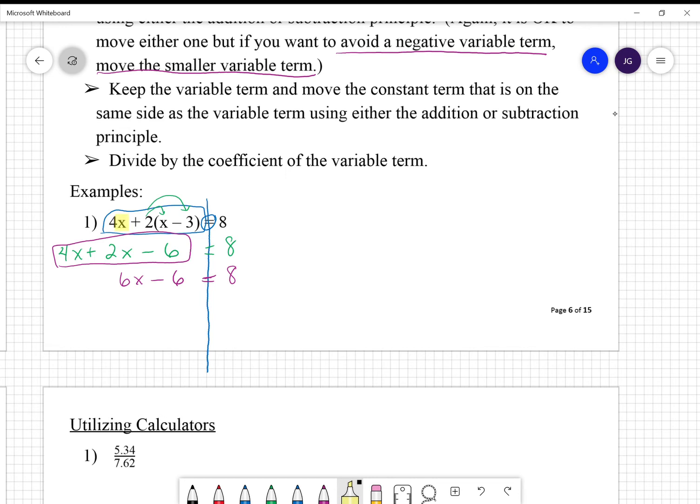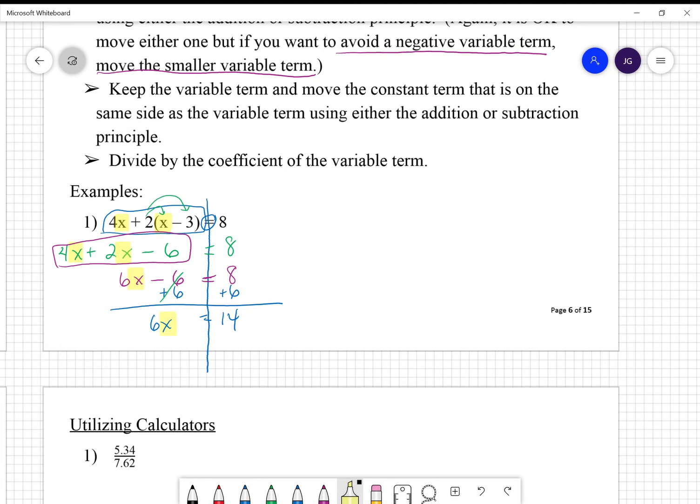Now I went from 2 variables there to 2 variables there to now 1 variable. My next step, remember I'm trying to get x by itself. My next step is going to be to add 6 to both sides. I get 6x, the 6's cancel, equals 14.